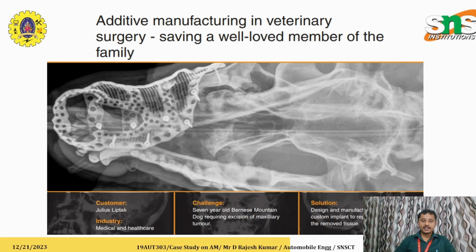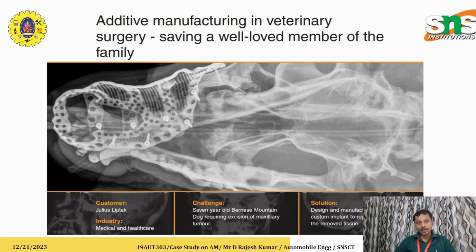If you see the case, a 7-year-old dog was suffering from a tumor. So the area infected by the tumor has to be removed. That is the challenge. And one more thing here is, as living beings, we are different from each other in appearance.